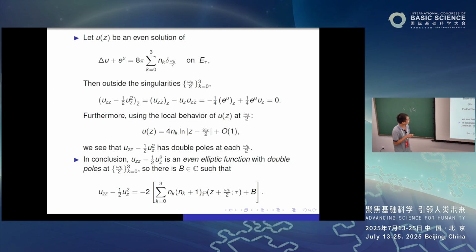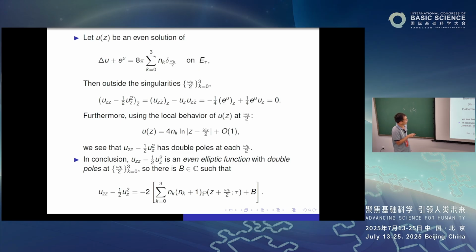So let's come back to this PDE. Let u be an even solution, and z is the complex variable. Then you consider the function u_zz minus 1/2 u_z squared, and consider its derivative with respect to z bar. Using this equation, you know it is 0. So this function is a meromorphic function.